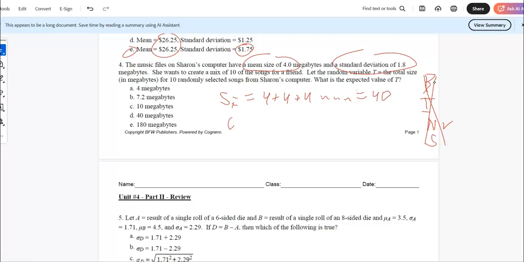However, to get the standard deviation, that would be the square root of, because you can't just add standard deviations, 1.8 squared plus 1.8 squared plus, and so on, 10 times. So what is the expected value? Oh, the expected value is 40 megabytes, I believe.